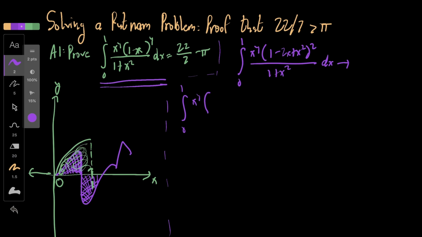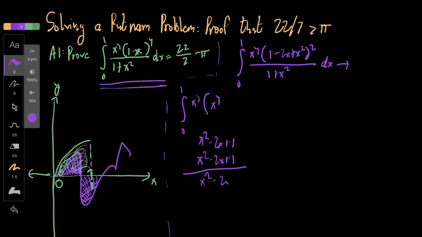Now squaring this gets us x to the fourth. And then after that, if we just do multiplication like this, we get x squared minus 2x plus 1, and then minus 2x plus 4x squared minus 2x cubed. And then after that, we get x squared minus 2x cubed. And then we obviously know over here is x to the fourth.